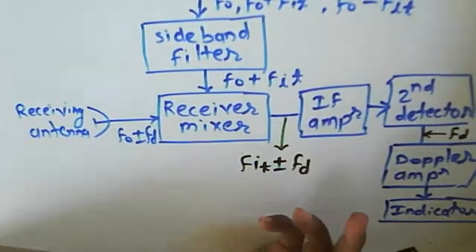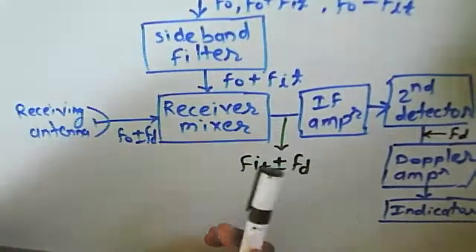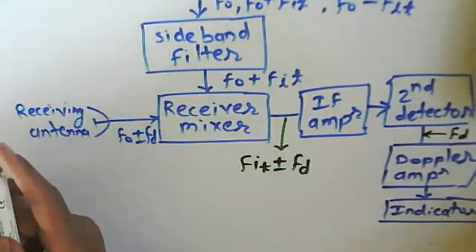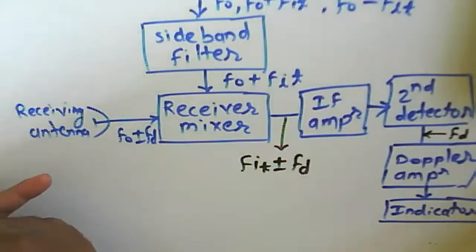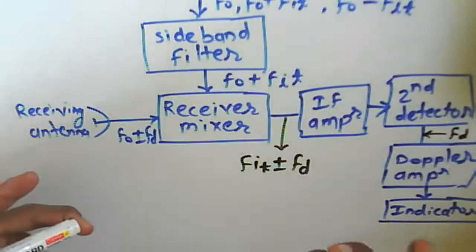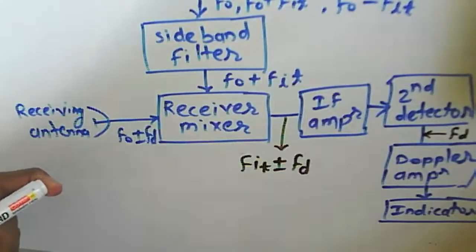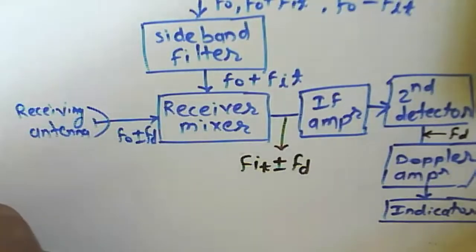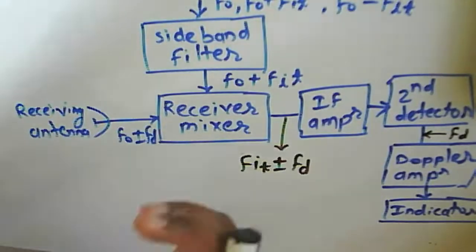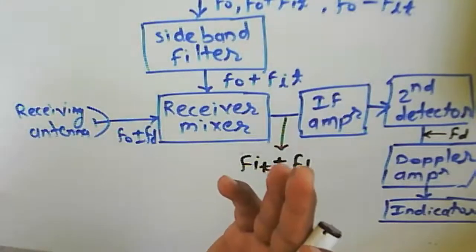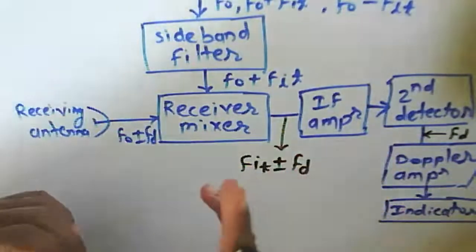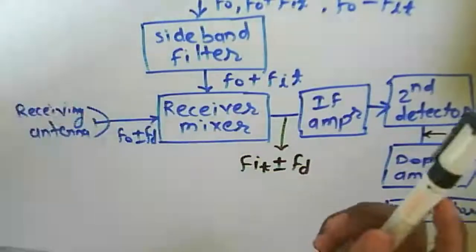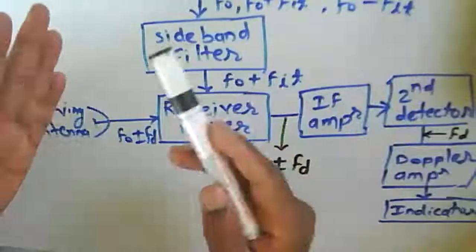So that is the role of your CW radar which has an IF receiver, or we can say the sideband IF receiver, and that sideband IF receiver will provide you the plus f_D or minus f_D. Otherwise, the band of the filter would have to be large, with a lowest cutoff frequency and a highest cutoff frequency.